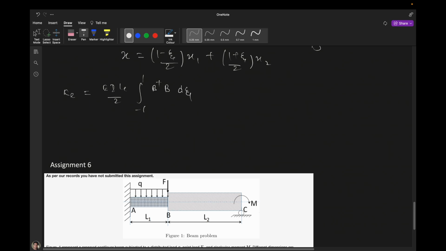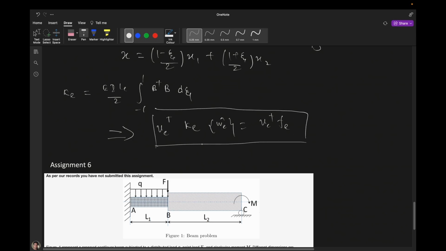Okay, here there was a mistake earlier. So this is the stiffness matrix. After writing everything, we get VE transpose KE WE equal to VE transpose force vector. So this form we need to use, which is nothing but KE d equal to FE. Now let's move to the problem which was given to solve.